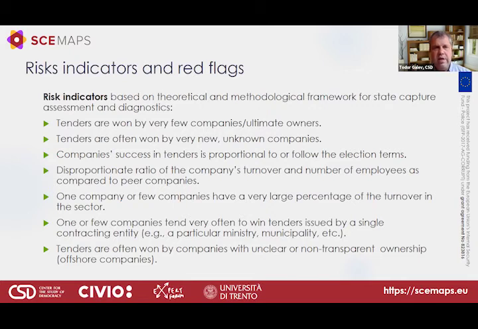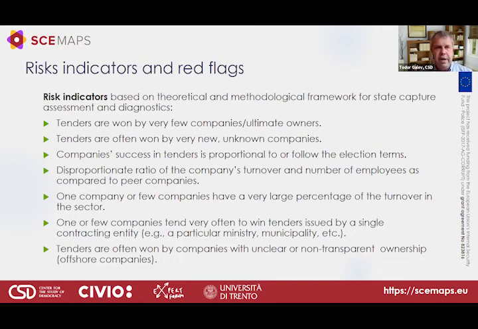These risk indicators are like that tenders are won by very few companies or ultimate owners. Tenders are often won by very new unknown companies, so companies established just very shortly before that to win their first tender. And so on and so on.